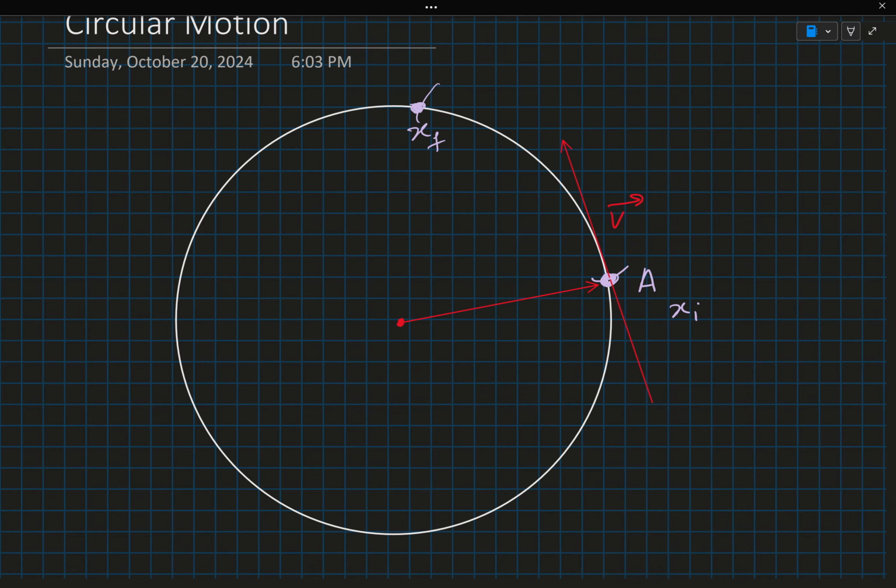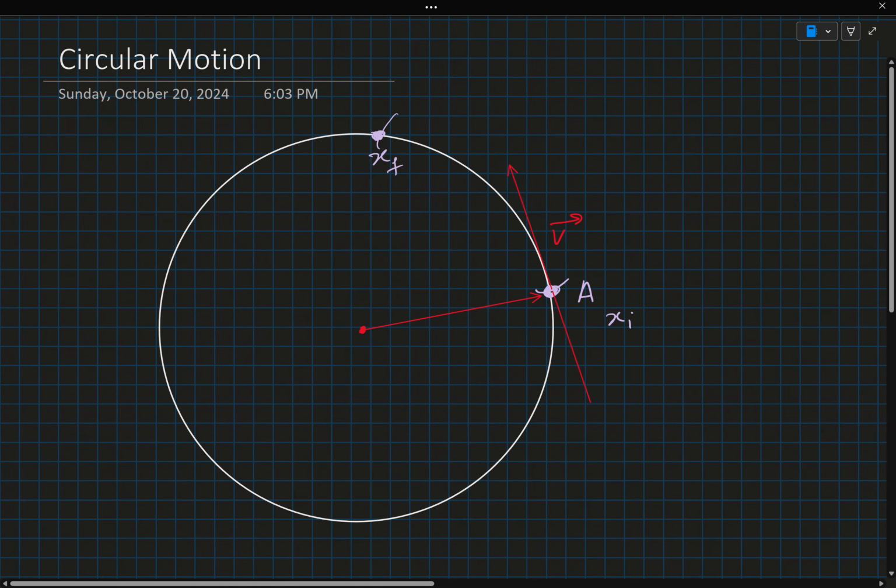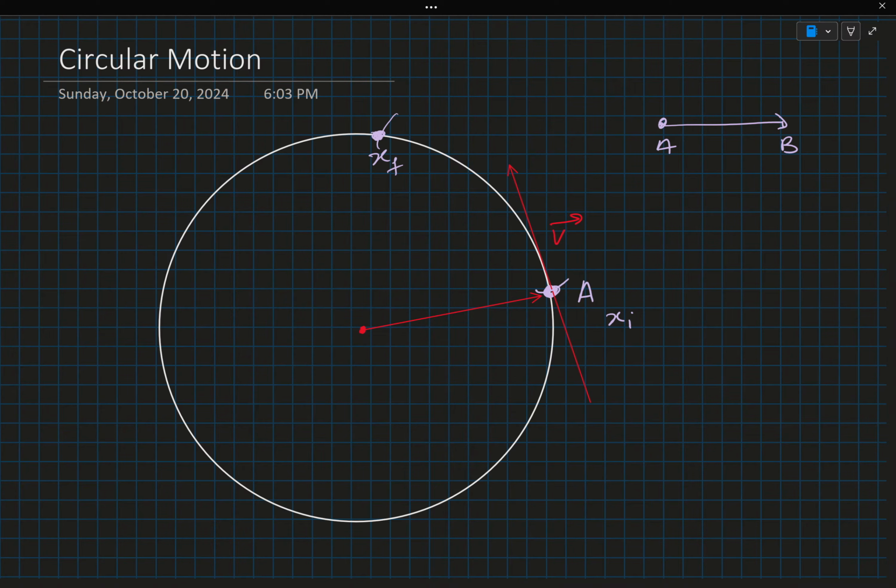It's the same as if a man were to move from A to B, that would be a displacement. Moving from the initial position to the final position along the arc of a circle is still a displacement, but because it's about an angle, we call it the angular displacement.